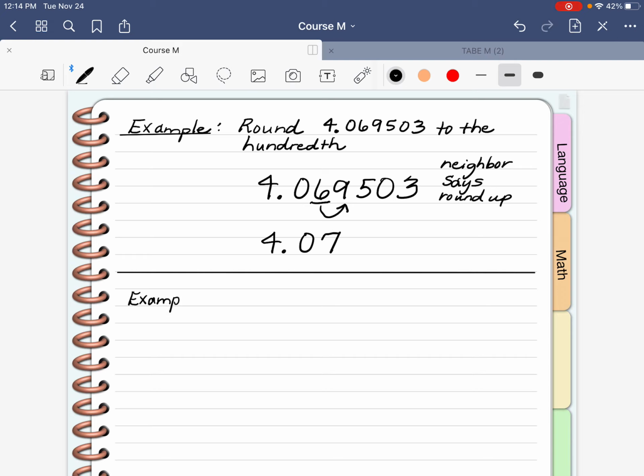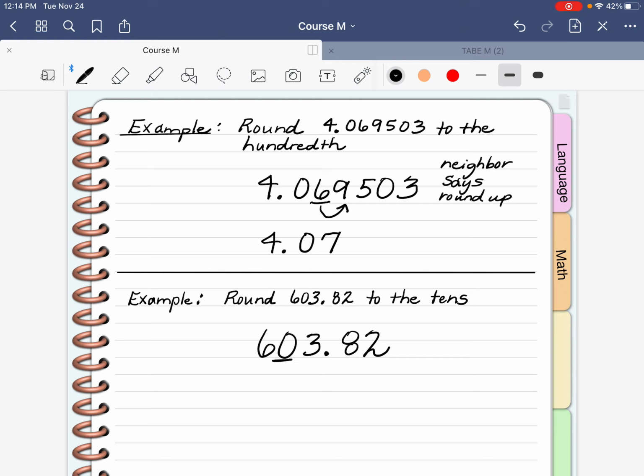Okay, here's another example. Let's round 603 and 82 hundredths to the tens. Now be careful. I'm not saying tenth. I'm saying tens. So that's going to be a completely different thing. 603.82 to the nearest 10.